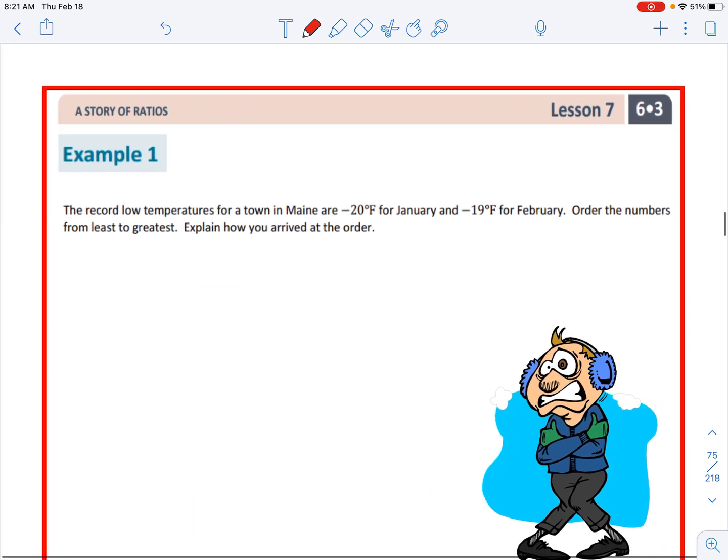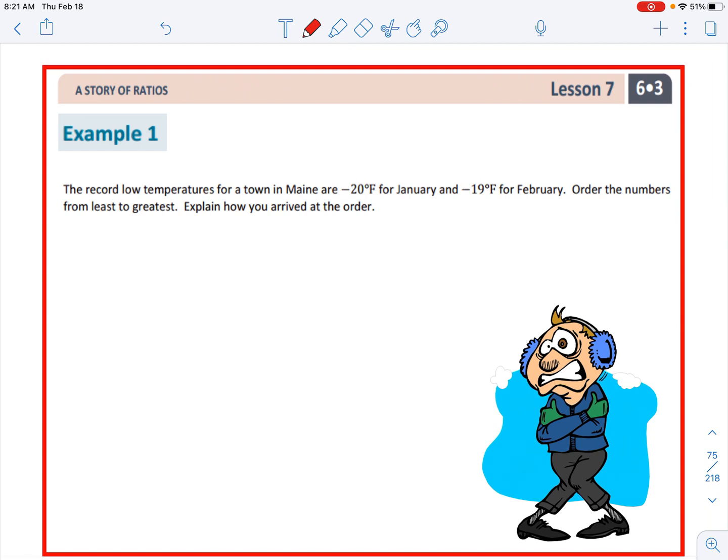Alright, let's look at example 1. It says the record low temperatures for a town in Maine are negative 20 degrees for January and negative 19 degrees for February. Order the numbers from least to greatest. Okay? So if we had a number line and we were reading temperature, okay, we had negative 19 degrees, and then right below we had negative 20 degrees.